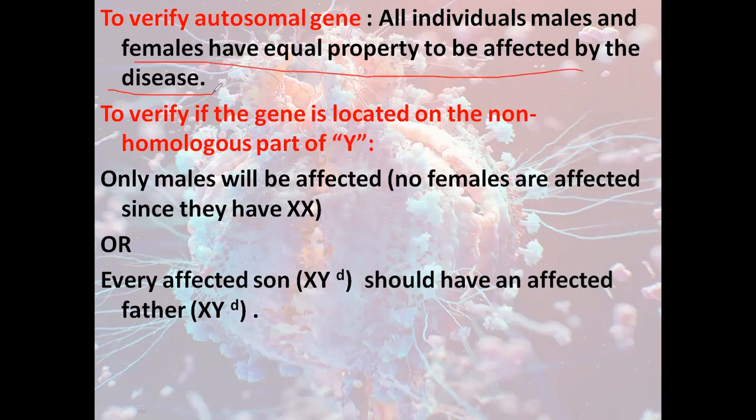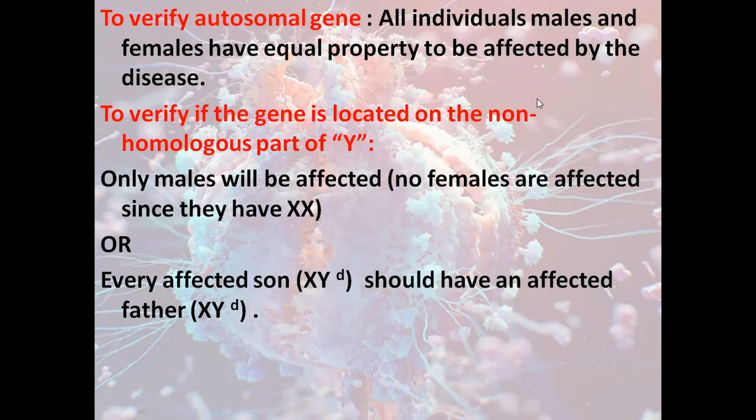But to be proven, you have to deny the non-homologous part of X, the non-homologous part of Y, and the homologous part of X and Y. If I deny the three cases, then it will be autosomal. Okay? So I have to deny the three cases. That's why I'm going to talk about it at the end before you ask me the question. So autosomal, this is theoretical. But to be proven exactly according to the pedigree, you have to deny the three cases.